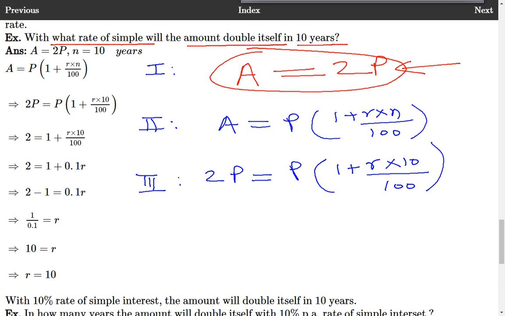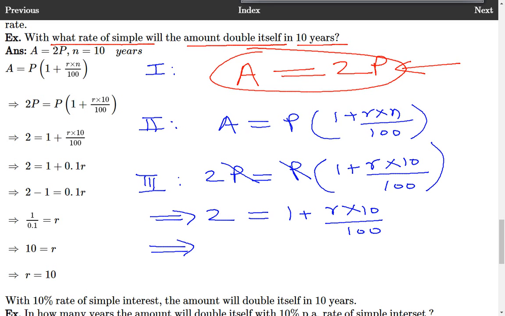Here P gets cancelled. What we are left with is 2 is equal to 1 plus R into 10 upon 100. After simplification, this is nothing but 2 is equal to 1 plus 0.1 R, since 10 upon 100 is 0.1. If you solve this equation, take 1 from the right hand side to the left hand side, so it becomes 2 minus 1, which equals 1.